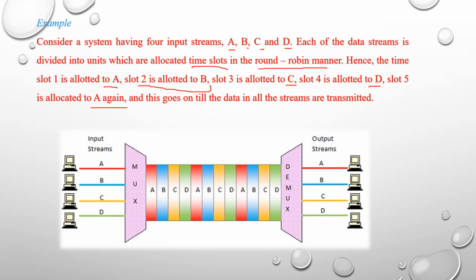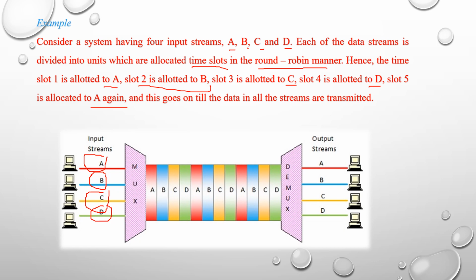So we have four input streams: A is one stream, then B, C and D. We apply them to a multiplexer. The multiplexer converts the number of inputs into a single output.